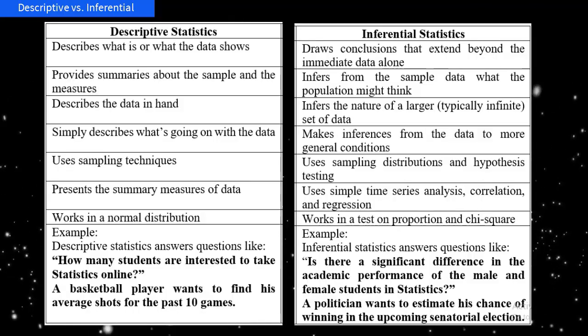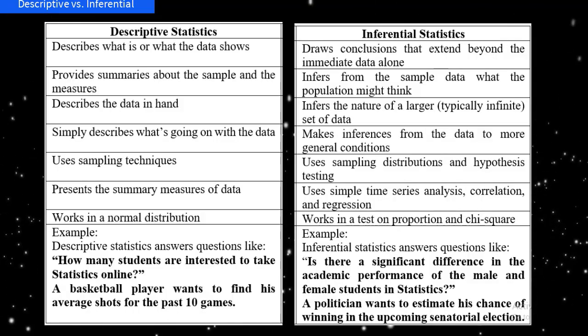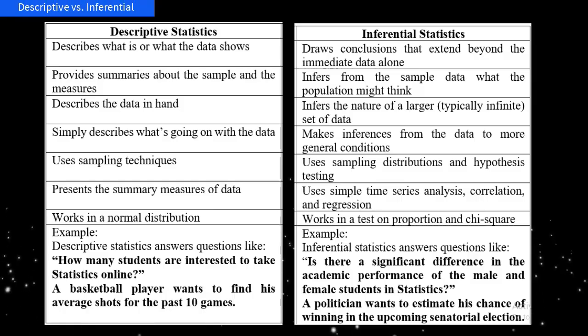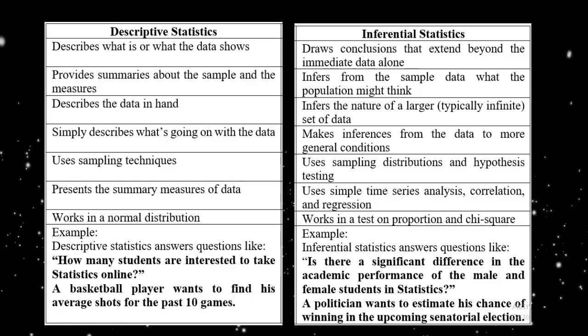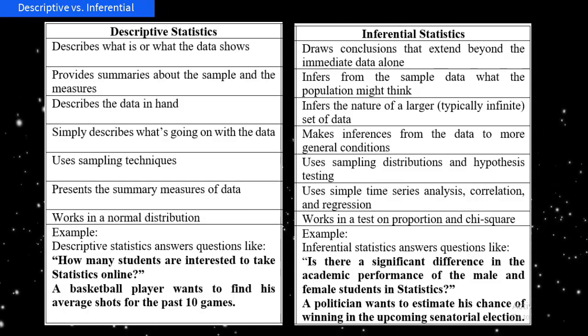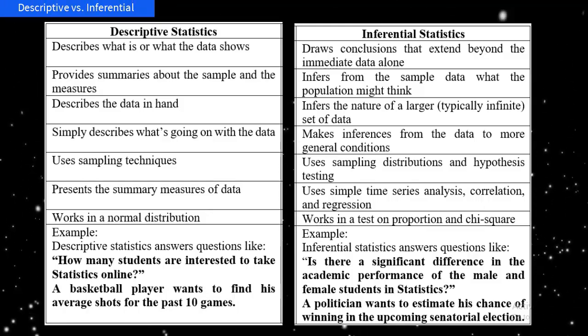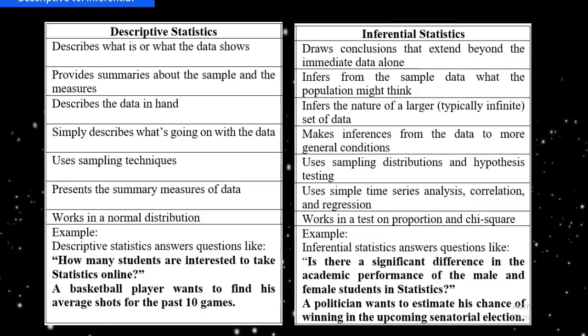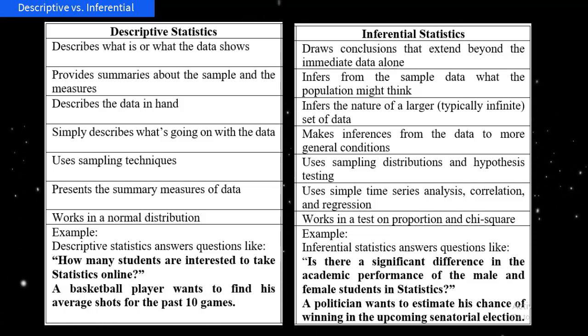Inferential statistics, on the other hand, draws conclusions and extends beyond the immediate data alone. It also infers from the sample data that the population might think, infers the nature of a larger set of data, makes inferences from the data to more general conditions.